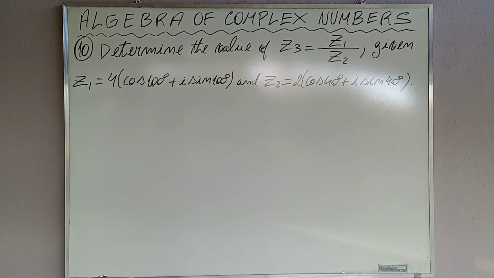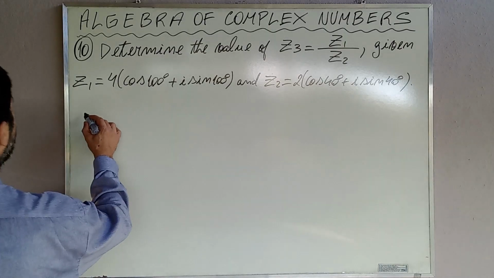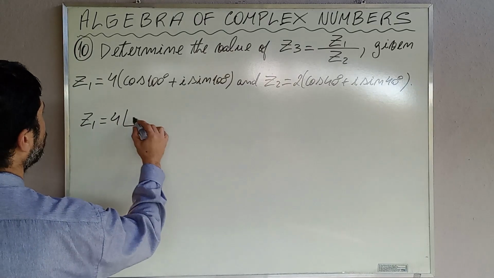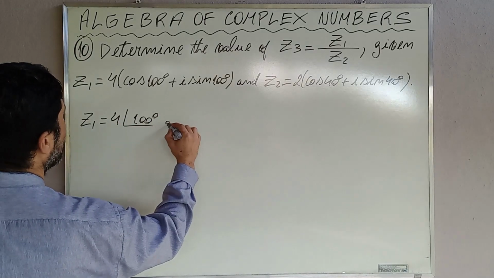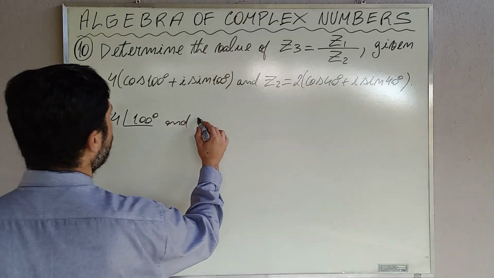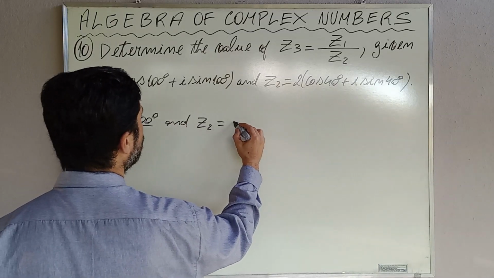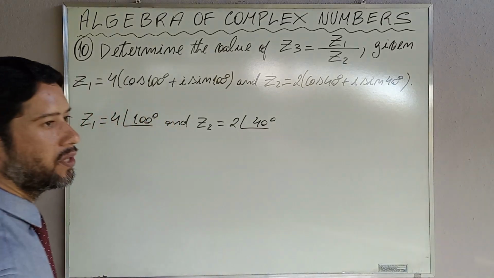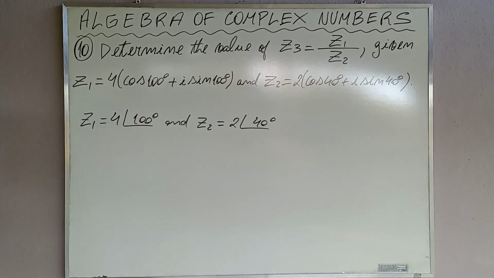As we did before, we will use the polar form as an intermediate step. The polar form of z1 is equal to 4 phase 100 degrees, and z2 is equal to 2 phase 40 degrees. We want z3. z3 is the division between z1 and z2.